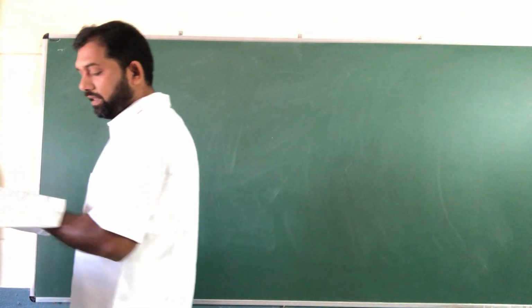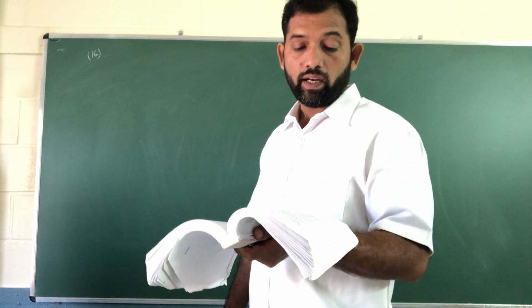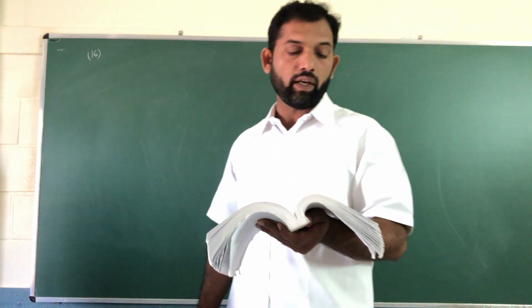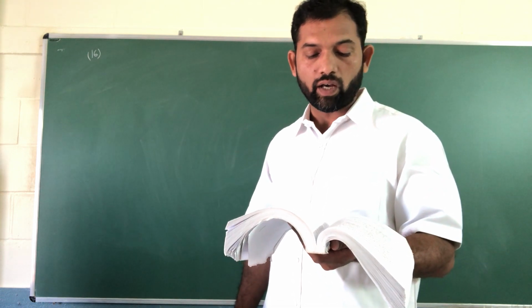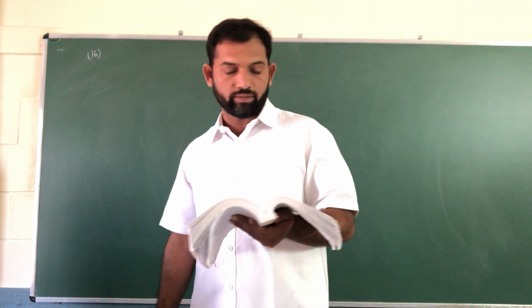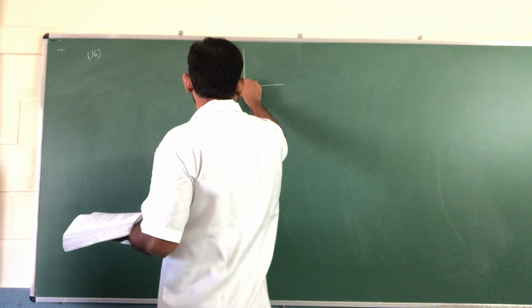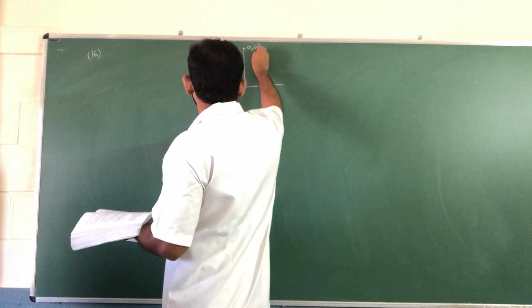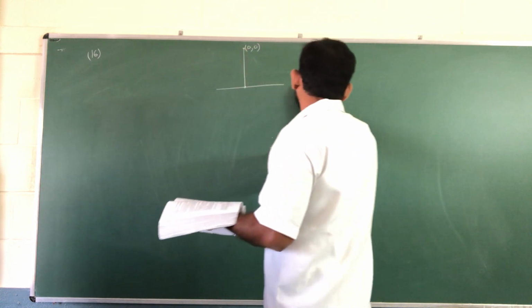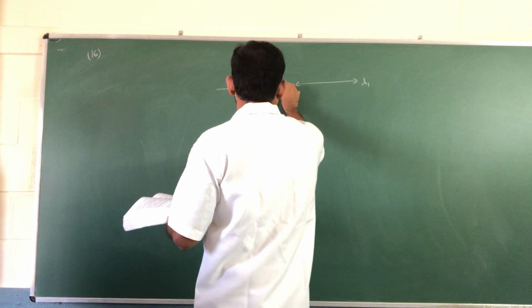If P and Q are the lengths of the perpendiculars from the origin to the lines, you have to assume that this is the origin 0 comma 0, and two lines are given: this is line L1, this is L2.